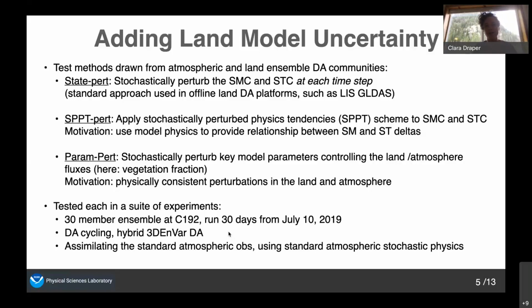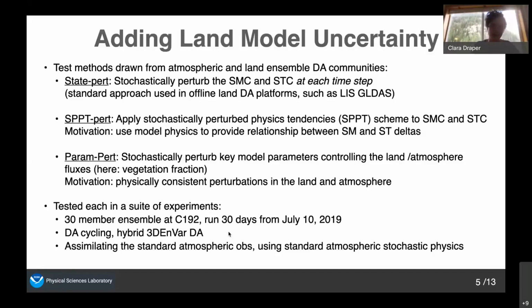The idea behind SPPT, or stochastically perturbed physics tendencies, is that you store the change in those states over the time step and then hit that change with a perturbation. The advantage of this is I can now use the model to give me the relationship between the perturbations to soil moisture and soil temperature.